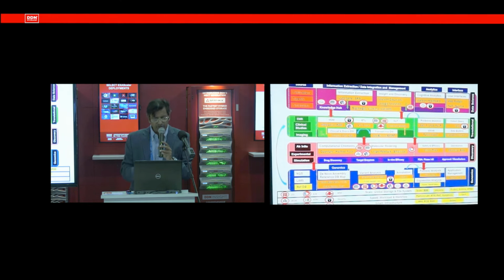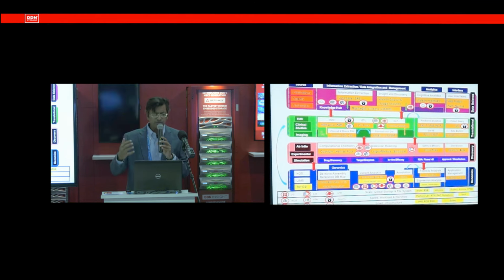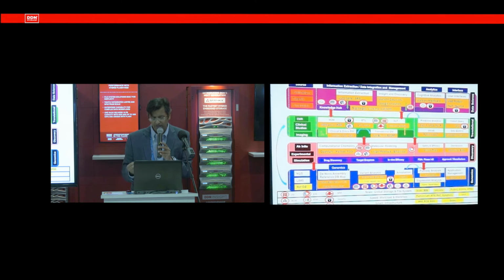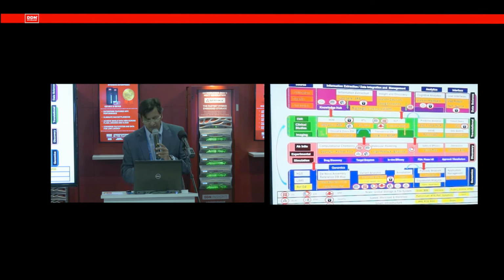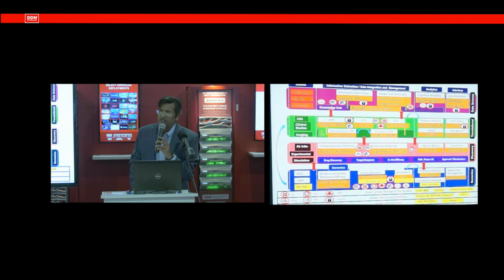They choose some segment of this, and Spectrum Scale, clusters and compute provide the plumbing in between. One of the things I like to joke is that these arrows connecting the relationships look small in size, but they're actually very important. They're the kind of stuff that discovers blockbuster drugs or wins Nobel Prizes.